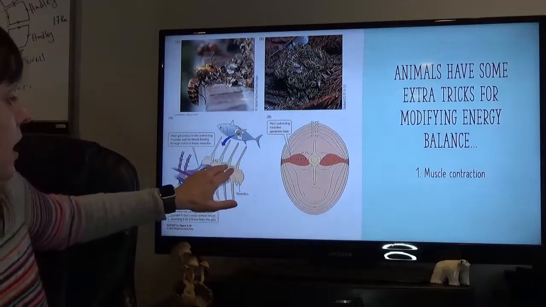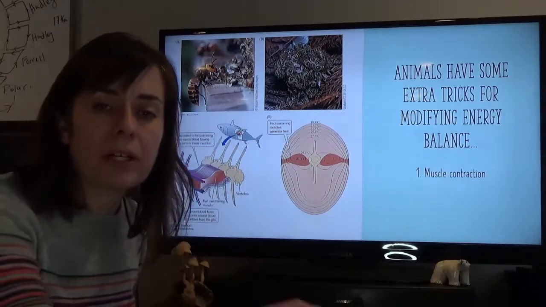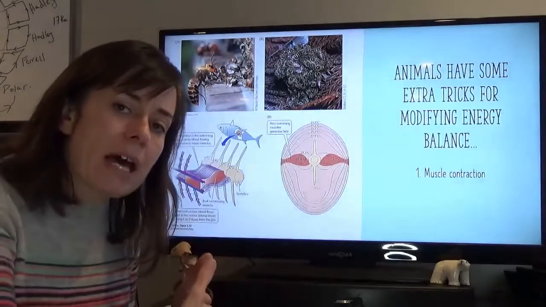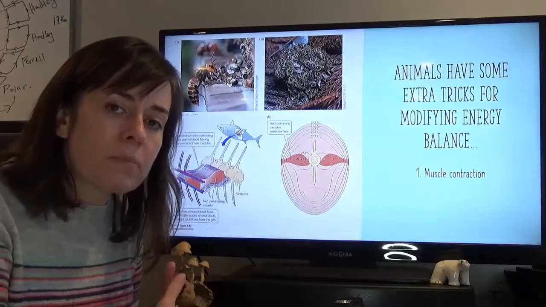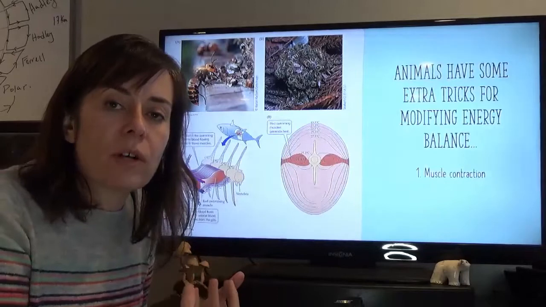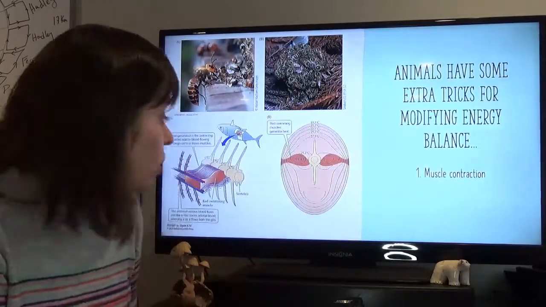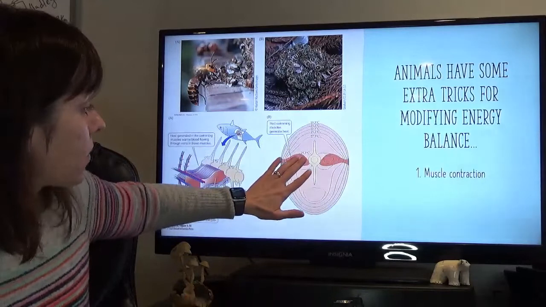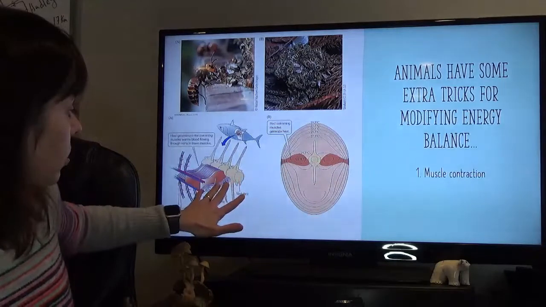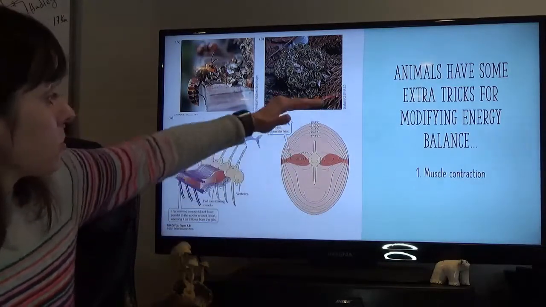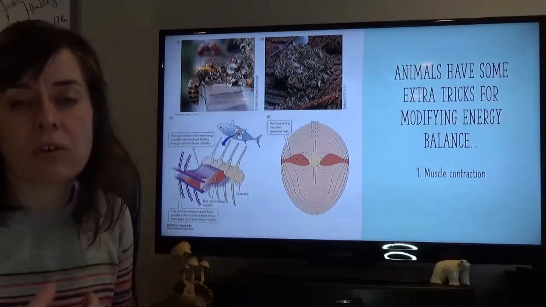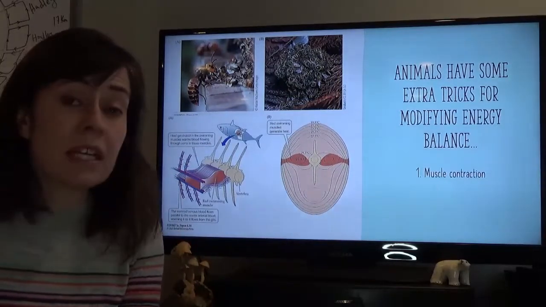So your venous blood coming from the muscles, so it's deoxygenated blood coming from those muscles that have been contracting, has warmed up, and it passes by the arterial blood and warms up that arterial blood. And so you have this kind of heat exchanger, and the heat is all generated by muscle contraction in the fish. And so you have these gradients in temperature from these locations that are close to the swimming muscles to the outside of the body. And so these are really important mechanisms for heat generation and heat exchange in some endotherms.